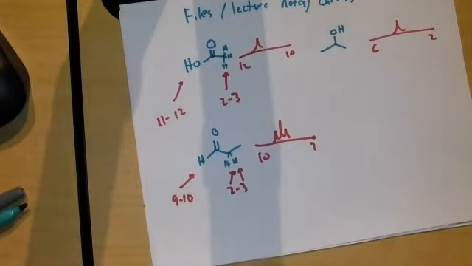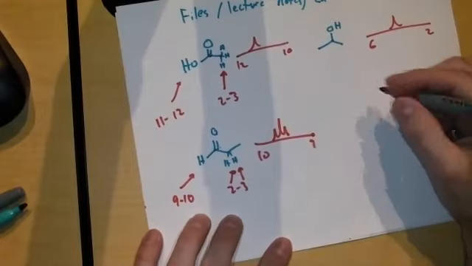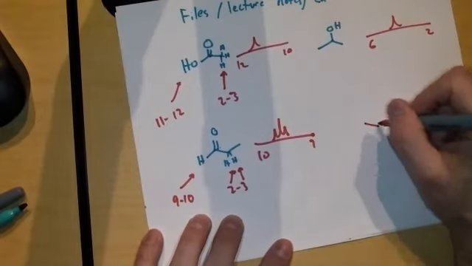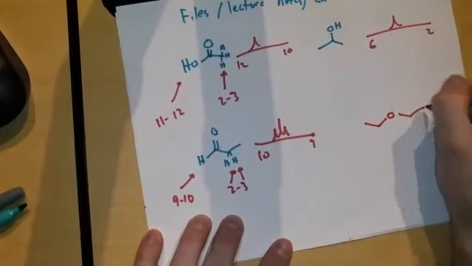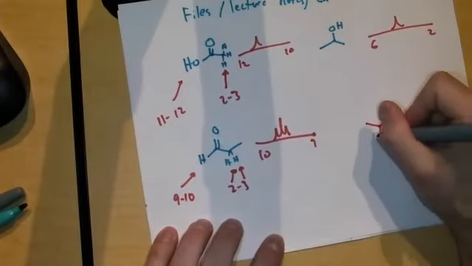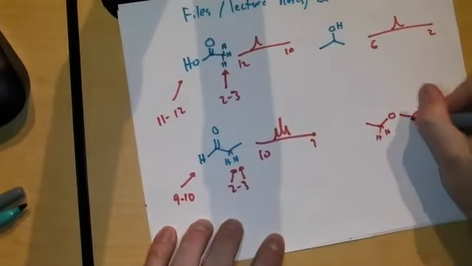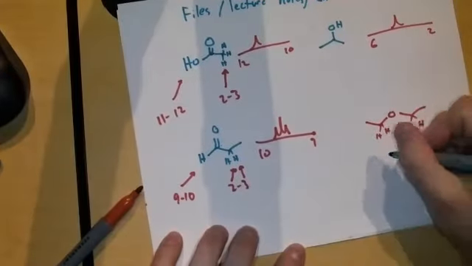Okay, so esters are kind of a combination of an aldehyde and an ether. So for an ether, these H's show up in the 3 to 4 range.